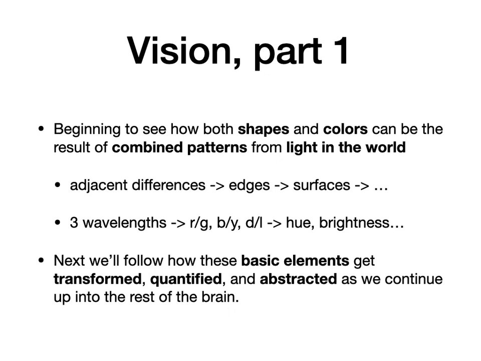So as we propagate upward, we start to detect different types of shapes. Same with the light. The 3 different wavelengths come in, they hit the ganglia, and then we extract things like hue and brightness and these opponent processes. Next time, we'll follow how these basic elements get transformed and quantified and abstracted upward as we continue on into the rest of the brain.